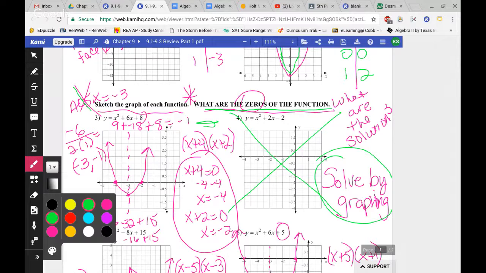You find the x-intercepts by factoring, or you can graph it and see where it crosses the x-axis. You can either plug it in your calculator and figure out what they are, or you can factor it quickly.